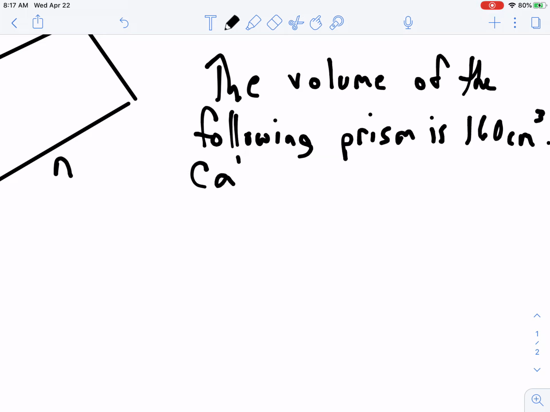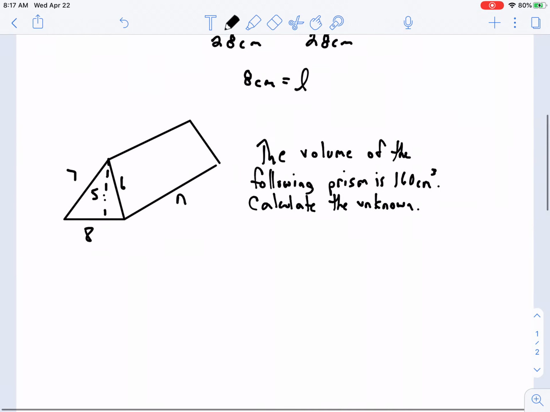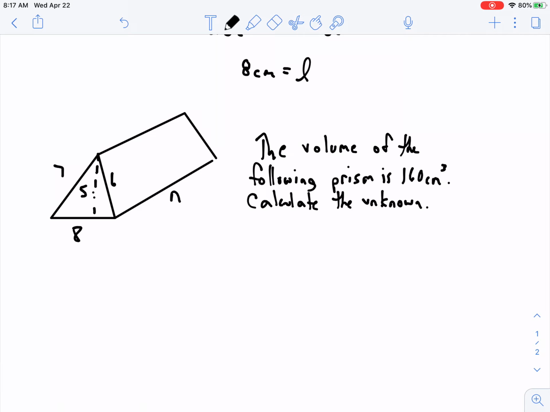Calculate the unknown. So we're looking at the exact same problem that I had before. The only difference now is that my base area is slightly different. I'm looking at the length being the length of the prism. N is my unknown. That's the length of the prism.